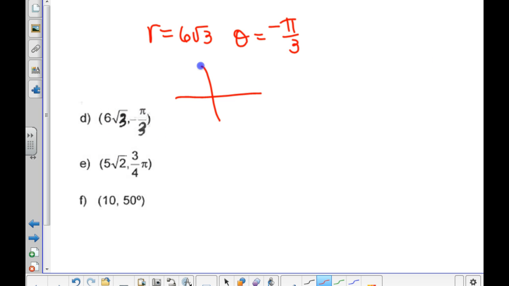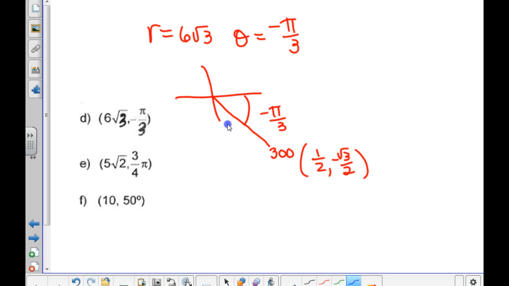Can you find negative pi over 3 for me? Negative 60 degrees or 300. What's the sine and the cosine? Is that correct? You okay, Gunther?